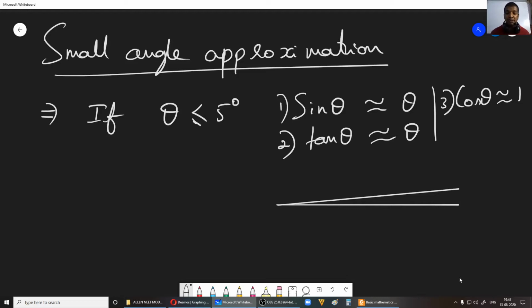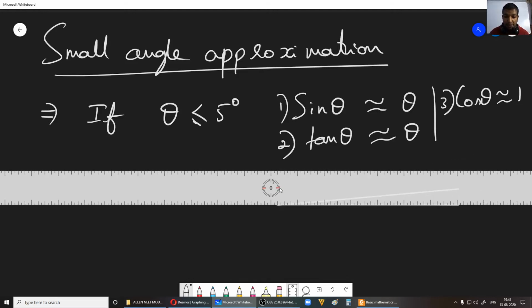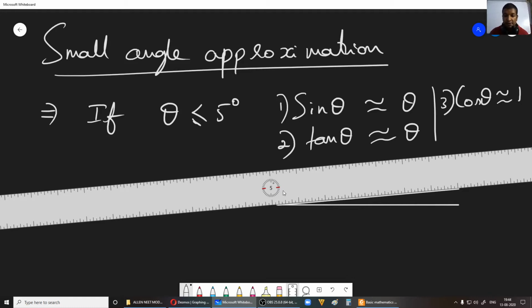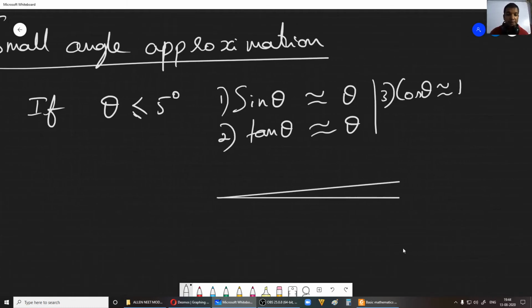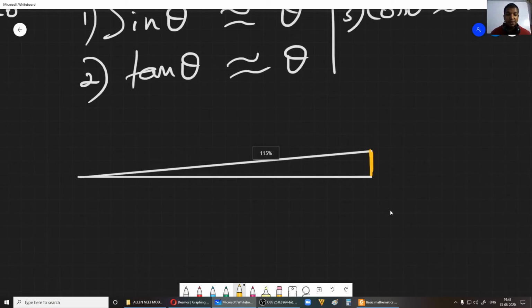Now what this means, let us try to understand. See, here I have drawn two lines, right. The angle between the lines, as you can see from the scale, is around 5 degrees, okay. Now we'll do a small experiment here. It would be better if you learn on your own, all right. Now see this yellow line, I hope you can see this yellow line.